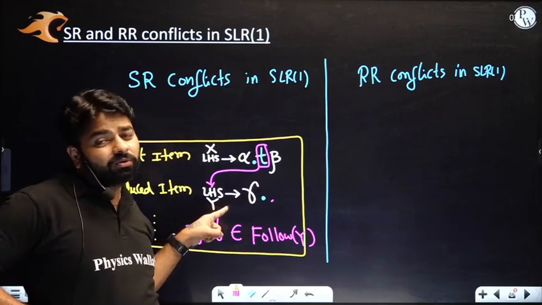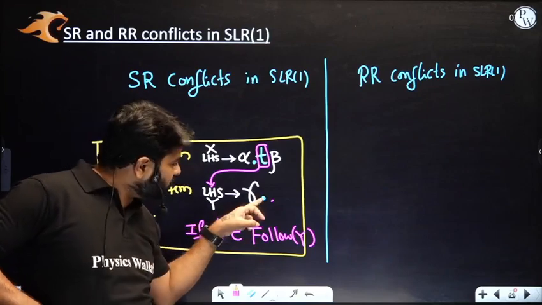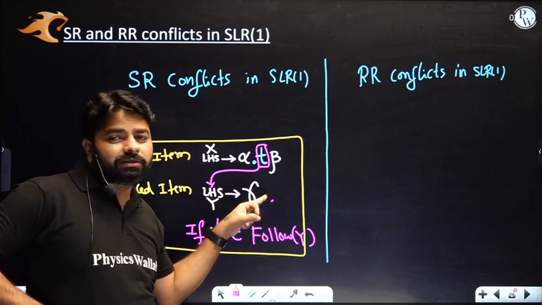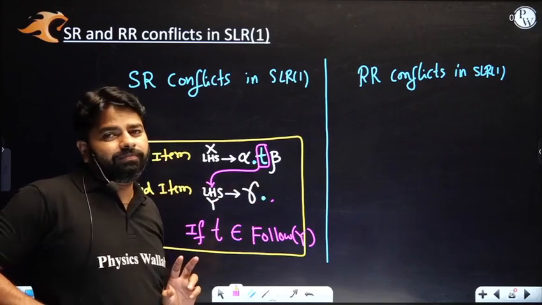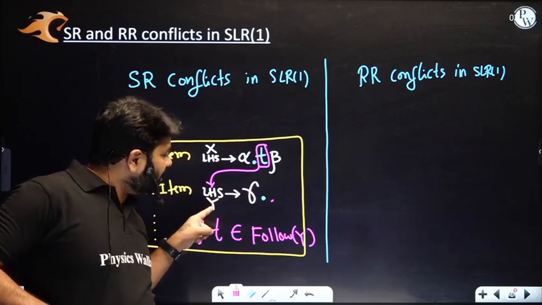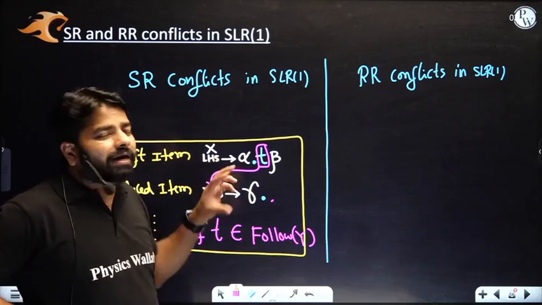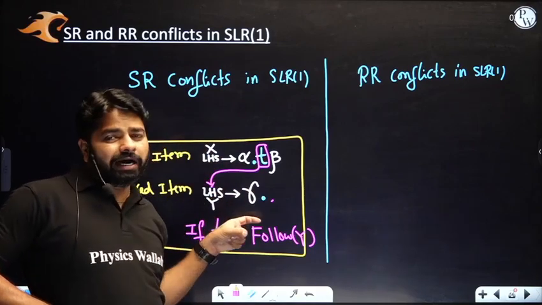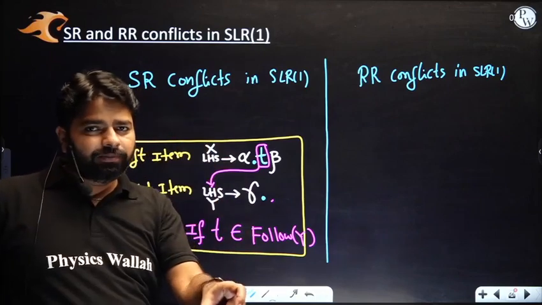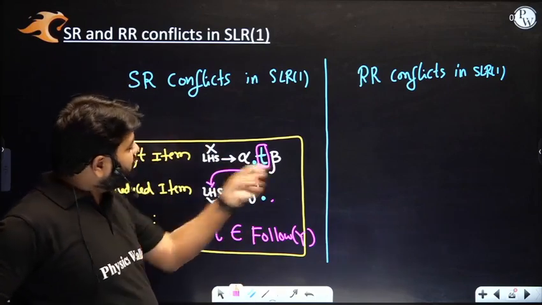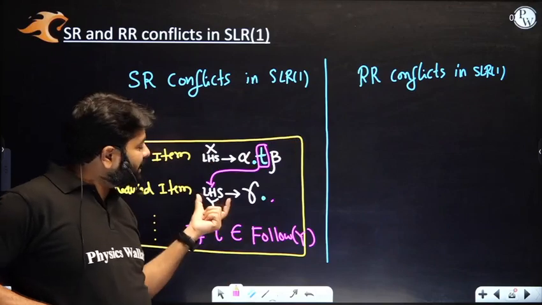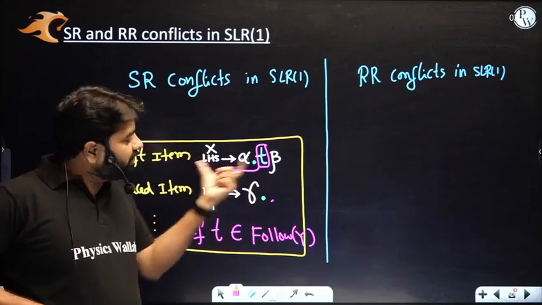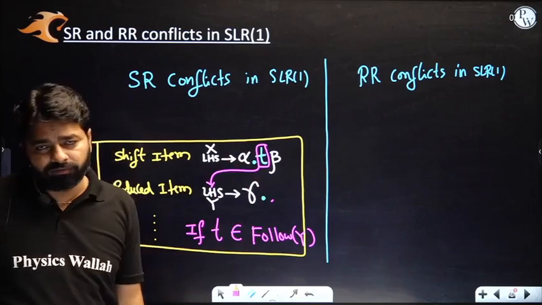You already know how to compute the follow set. After this dot, if T comes, then there is a conflict. In case this T is not in the follow of Y, then these two items are not producing a conflict. So when shift and reduced items are present in the same state, and the terminal of the shift item is present in the follow of the reduced item, then we have a conflict.